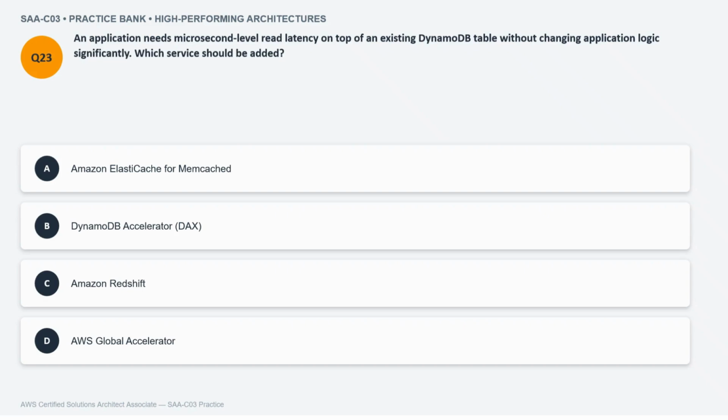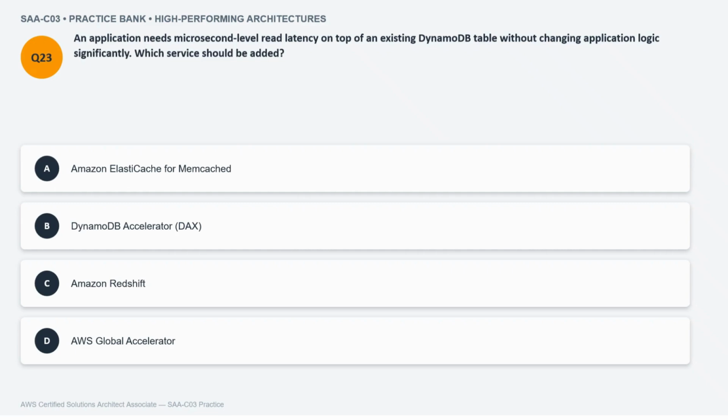Question number 23. An application needs microsecond level read latency on top of an existing DynamoDB table without changing application logic significantly. Which service should be used? Amazon ElastiCache for Memcached, DynamoDB Accelerator, Amazon Redshift, or AWS Global Accelerator.